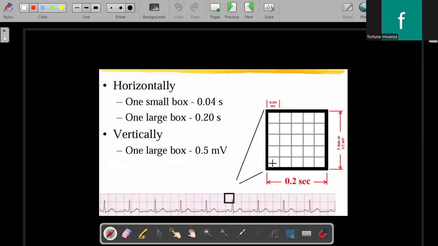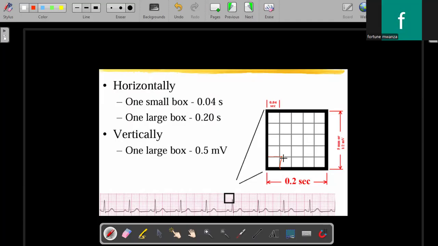Here if you get one box, that one box represents 0.04 seconds when it comes to time. So one box will represent 0.04 seconds. Meaning in this big box, if you get the entire big box, how many boxes do we have here horizontally?